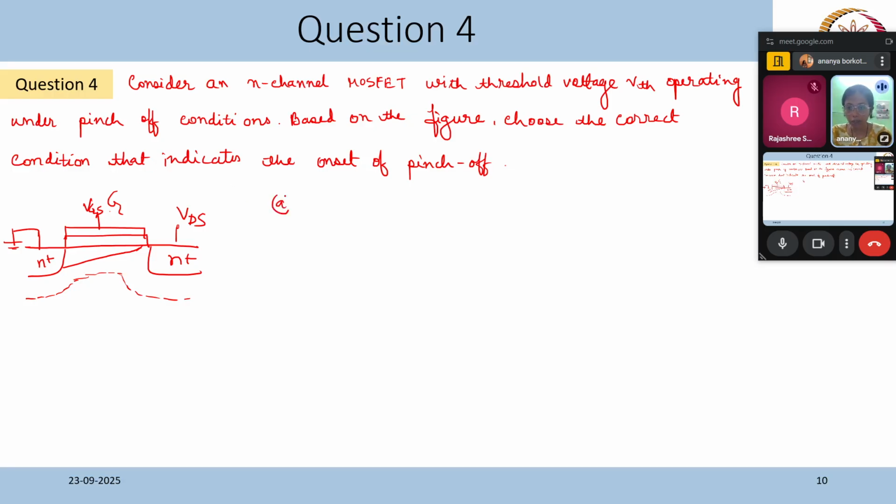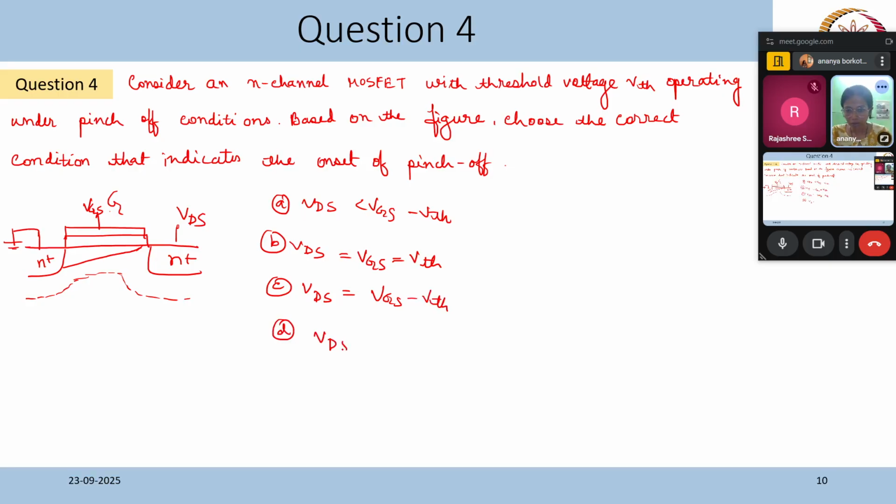So the options are the conditions, what condition it indicates. Option A, VDS less than VGS minus VTH. Option B is VDS equal to VGS plus VTH. Option C, VDS equal to VGS minus VTH. Option D, VDS greater than VGS minus VTH.